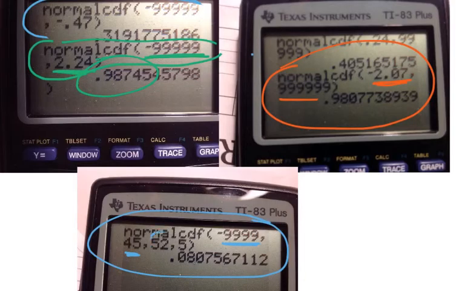So therefore, I had to tell the calculator, hey, the mean is 52 and the standard deviation is 5. And you'll notice on the other normal CDF calculations, I did not do that, because it was really a z-score, right? It was a normal z standardized score. But if it's not standardized, then I have to tell the calculator the mean and standard deviation. Anyways, the answer is 0.0807.